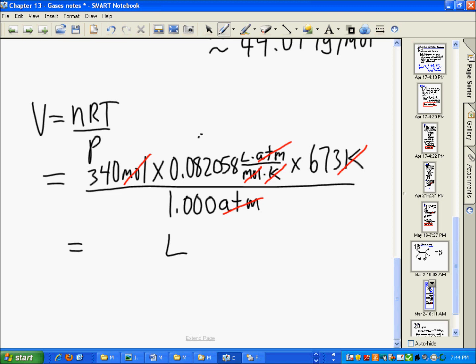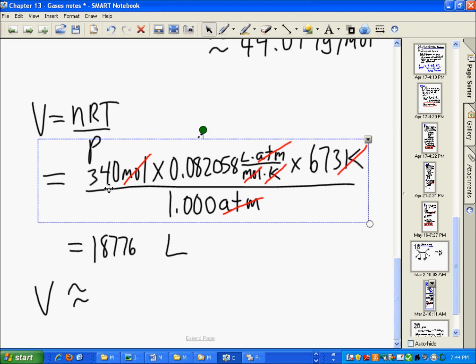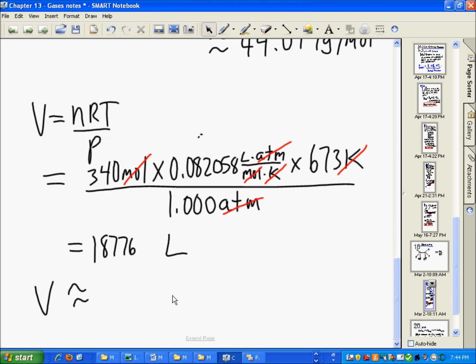So 18776 liters is approximately equal to, with 2 sig figs, 19 what?